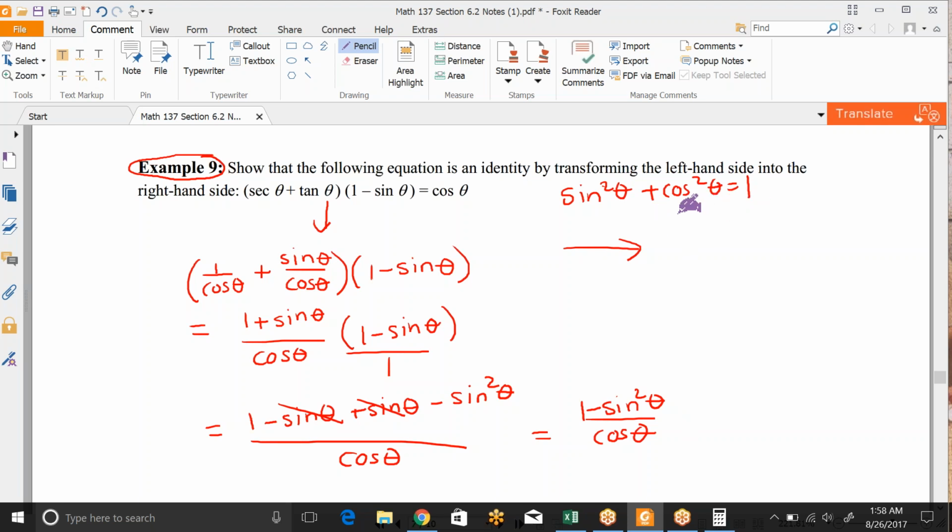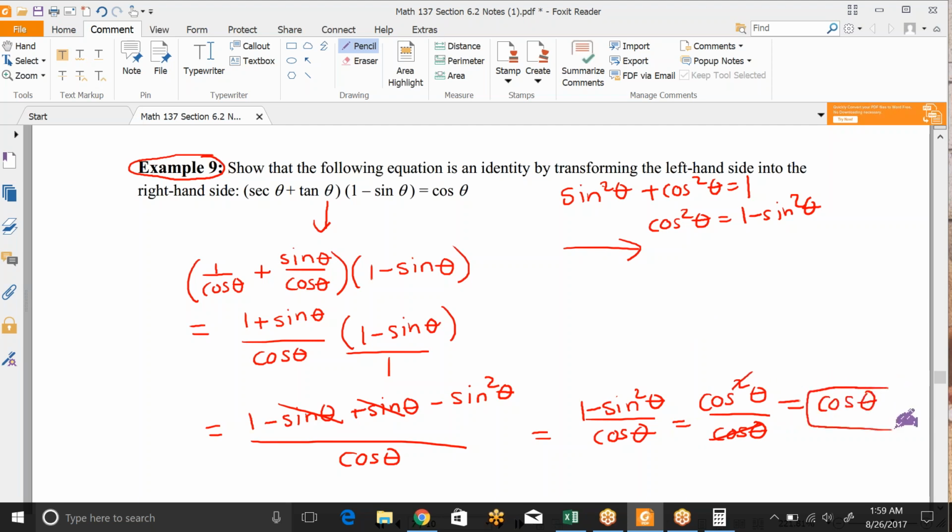If you subtract over that sine squared theta, you get 1 minus sine squared theta, which is our numerator, is actually cosine squared. And that's going to be how we're going to get it down to just cosine. Because a square on there actually means cosine times cosine theta, so it's both of them. So one of these can cancel with one of those, so we just get cosine theta.